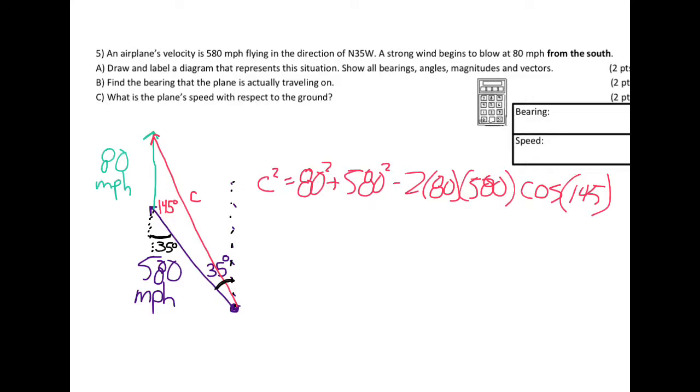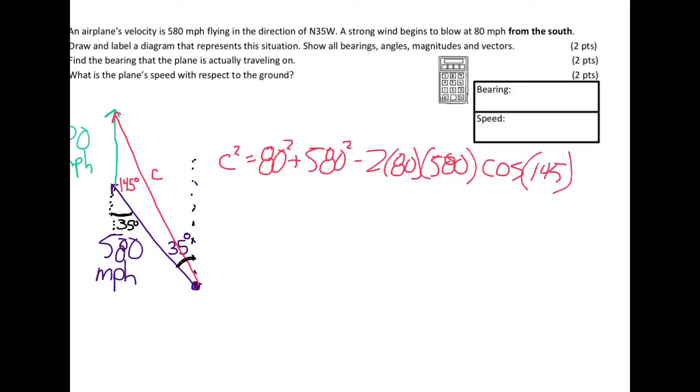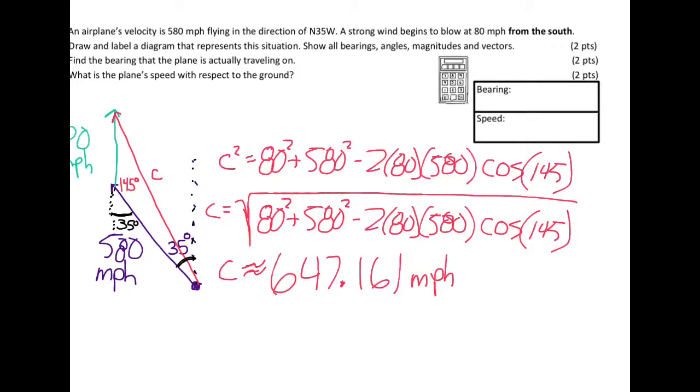And again, remember that angle is opposite of the side we're trying to find. And now we just want to plug all of this into our calculator. You should find that C is just about 647.161 miles per hour, which represents the side length C there, the magnitude of this resultant.